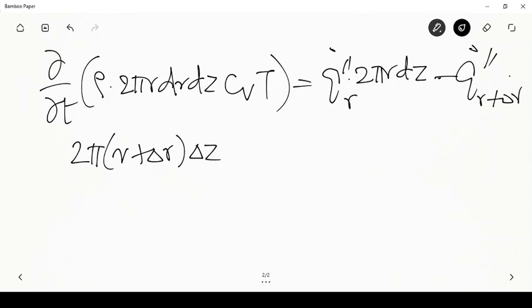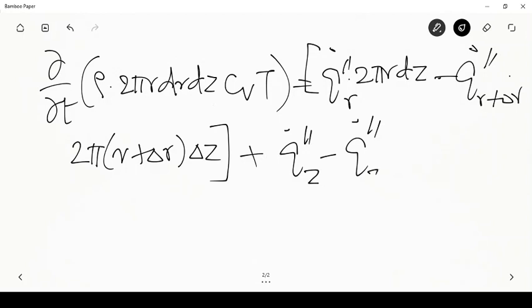So that's the heat flux into area in the radial direction in and radial direction out, plus similarly for the z direction you would have q dot double prime z minus q dot double prime z plus delta z. Both of them have the same common area, which is 2 pi r dr.